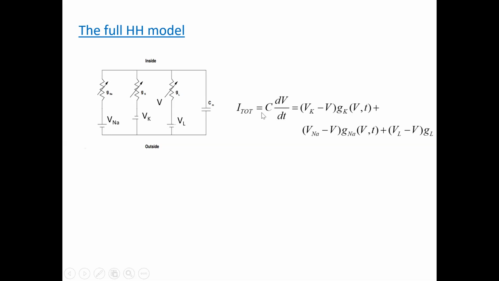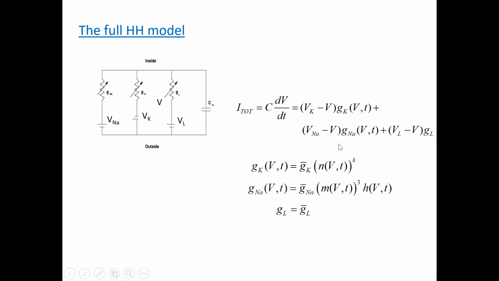So we have this equation, which is for the membrane potential. The first equality is from the capacitance, the second from adding up the three currents, which are the effective potentials times the conductances of each.